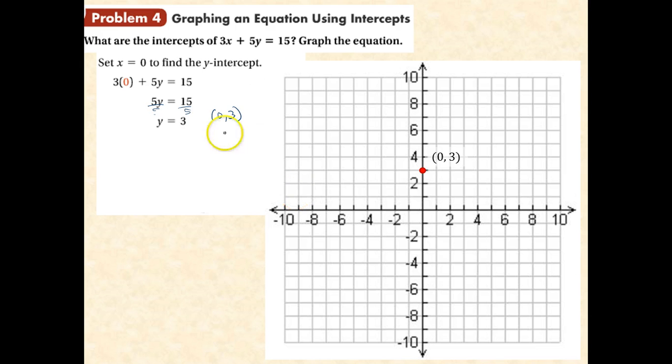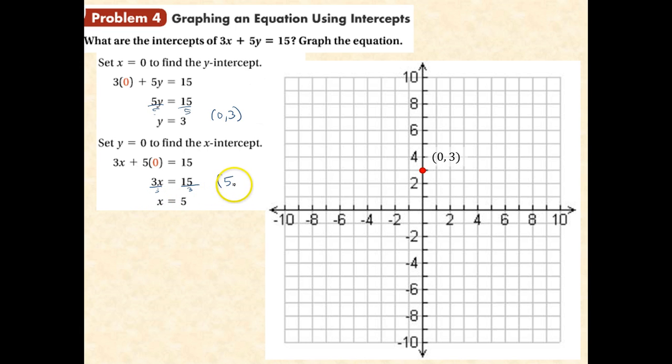Okay, well, let's find our x-intercept. For the x-intercept, we set y equal to 0. So it's going to be 3x plus 5 times 0 equals 15. 5 times 0 is 0. So we get 3x equals 15. Divide both sides by 3, and we get x equals 5.